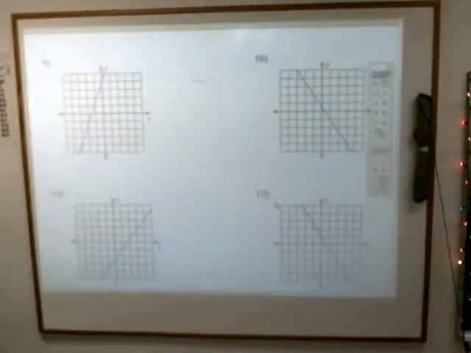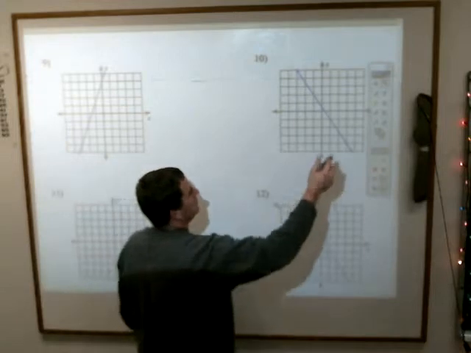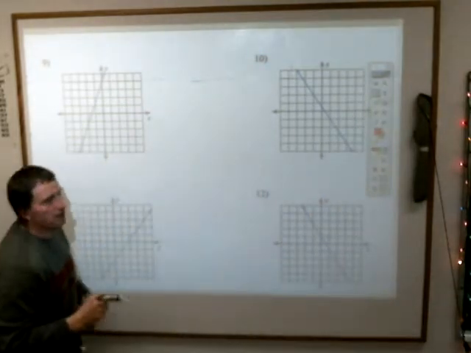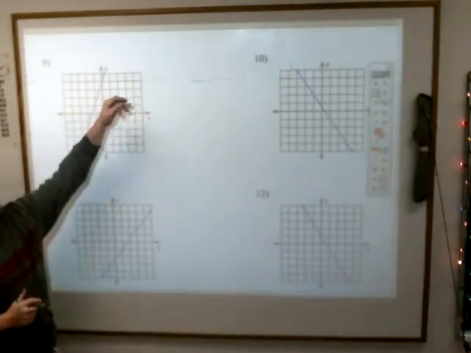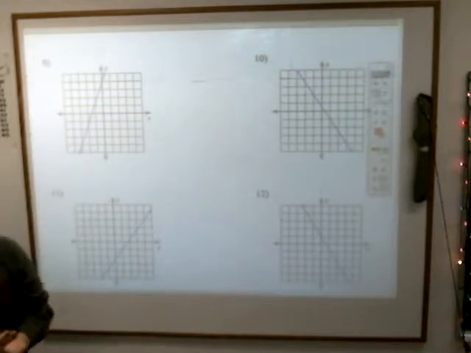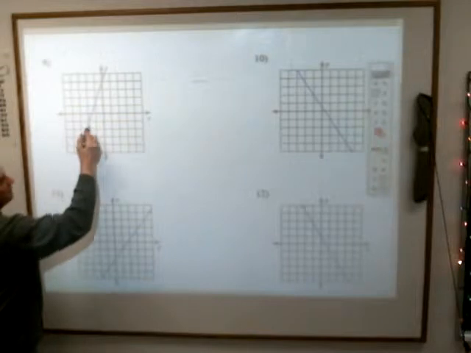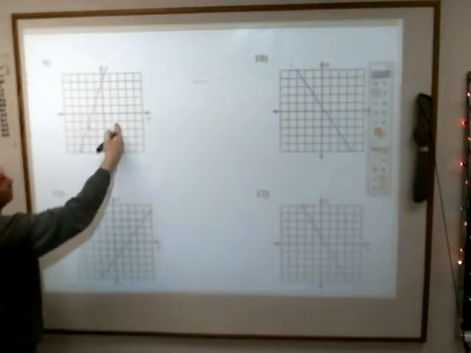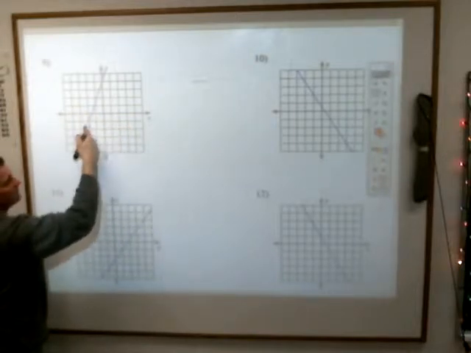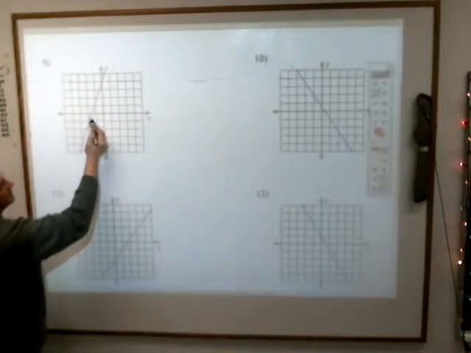Okay, your trouble comes in finding the 2 points that you're going to make your triangle, and you have to look at this line and look for 2 places where it crosses a point that's a coordinate that you could give me. I can't use this because, yes, it's on this line, but there's no vertical or horizontal line that it's on, so this is not a point. Neither is this one, neither is that one.